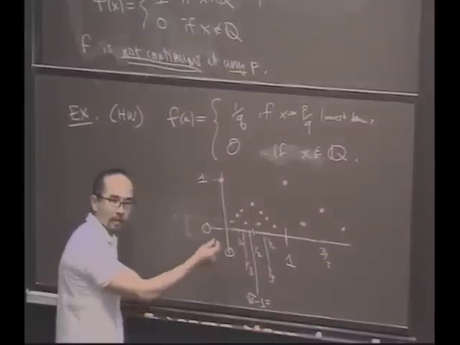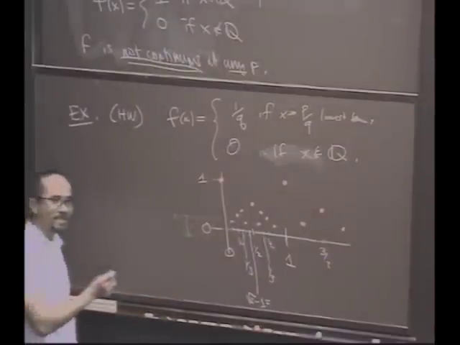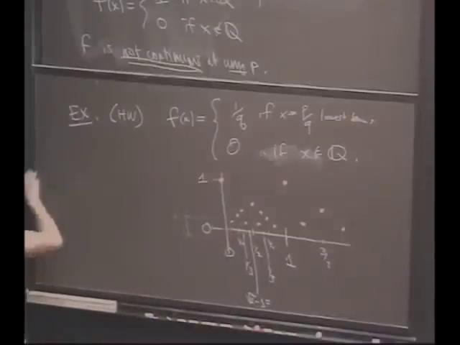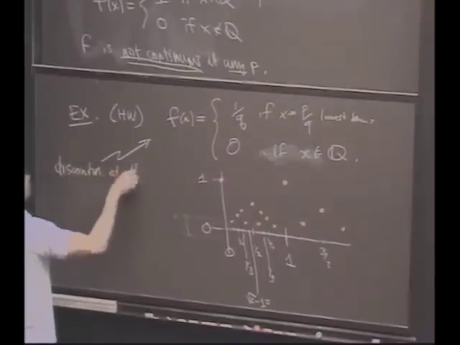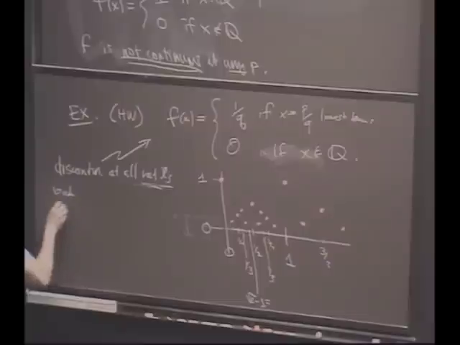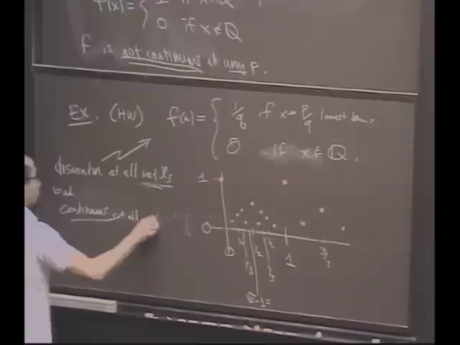So take the minimum distance between those. So you have a delta ball for every epsilon. So this function has the amazing property that, while it's discontinuous at all rationals, it's actually amazingly continuous at all irrationals.